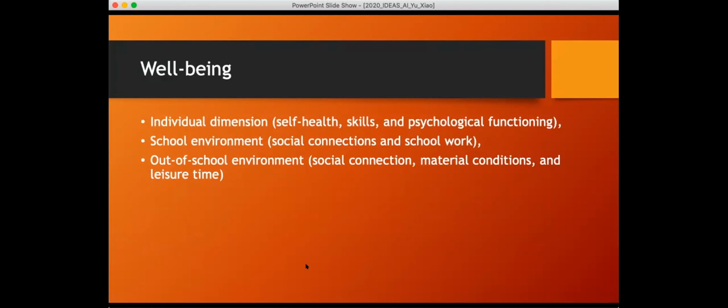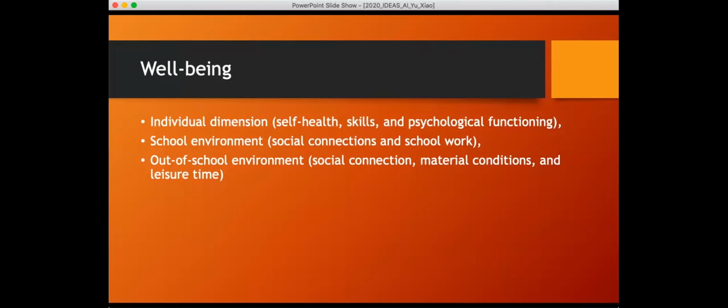Okay, so what's well-being? Well, according to OECD, there are at least 3 dimensions: individual, yourself, your self-image, your health, and also your motivation and so on. And also the school environment, social aspect, social connection, your friends, your classmates.